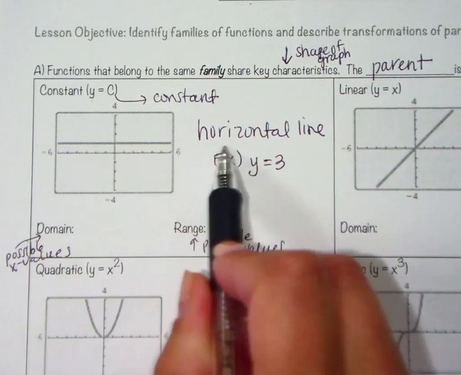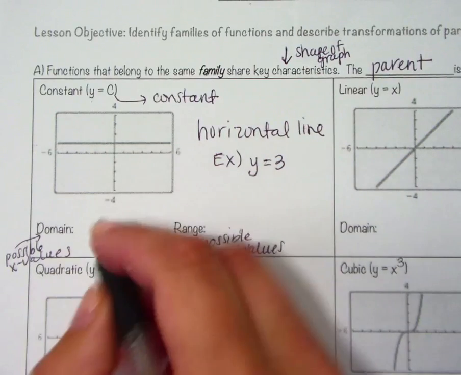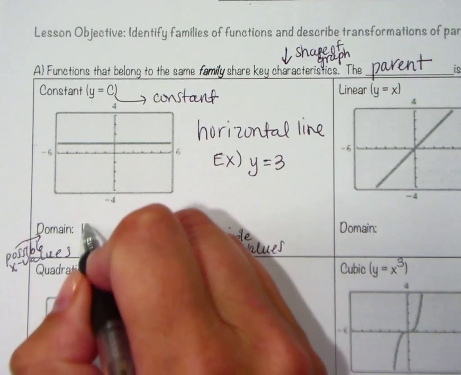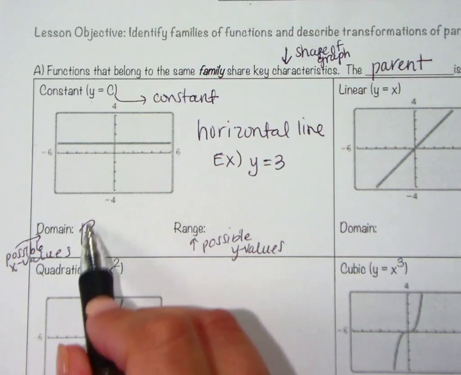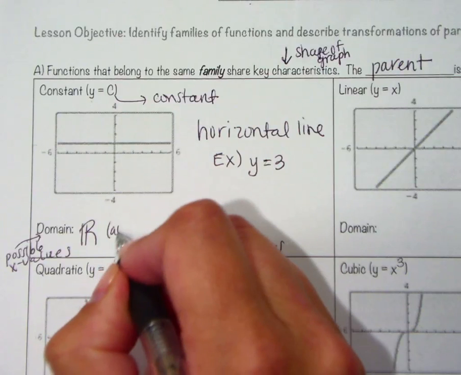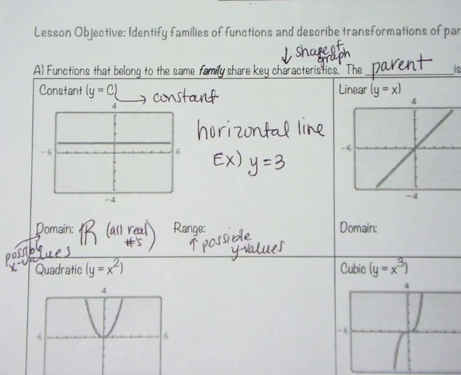For the domain, so all of the possible x values, this line goes on forever in both directions in x, so we say that the domain is all real numbers. That capital R with the 2 vertical bars means all real numbers, meaning all possible x values are part of the domain.